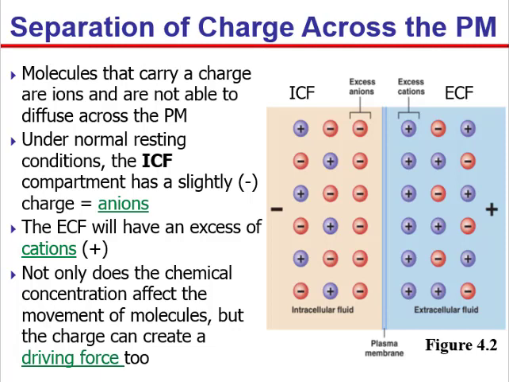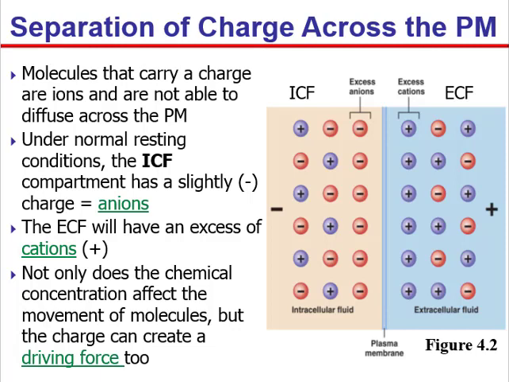In the ECF, we have an excess of cations, so charged positive particles on the outside of the cell, and that must mean the inside of the cell tends to take on a slight negative charge. And that's really because of the differences we saw when we looked at the list in 4.1 of the concentration differences between sodium and potassium. We'll talk about this in much more detail as we move on into Unit 2. We'll come back to this idea of separation of charge.